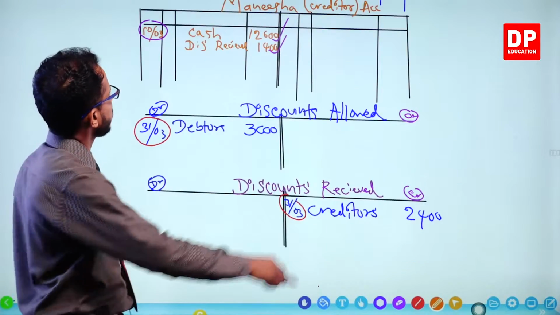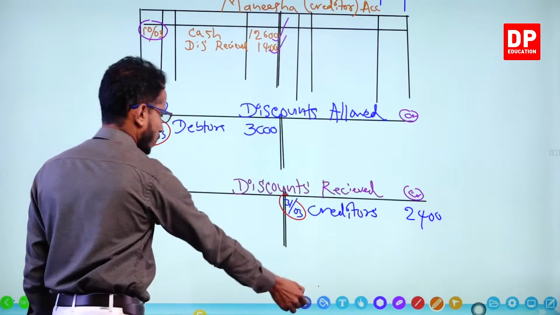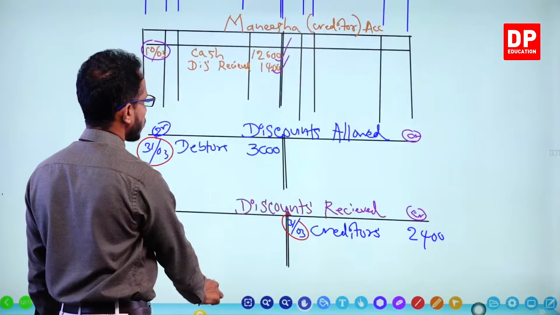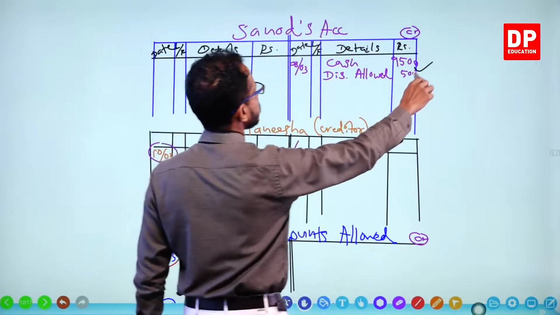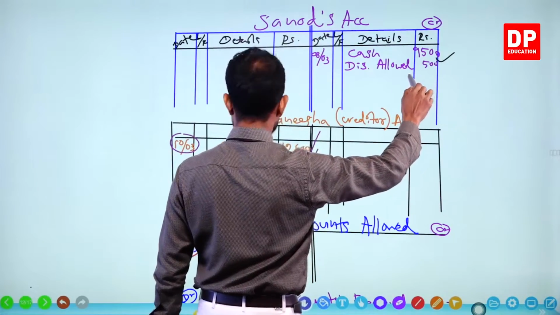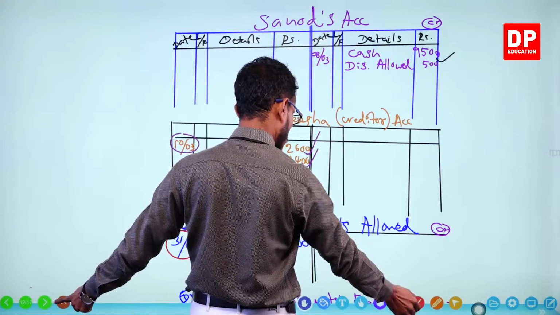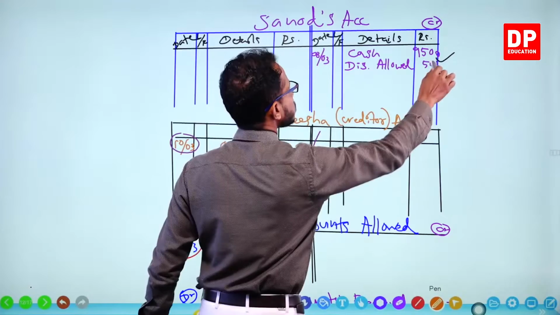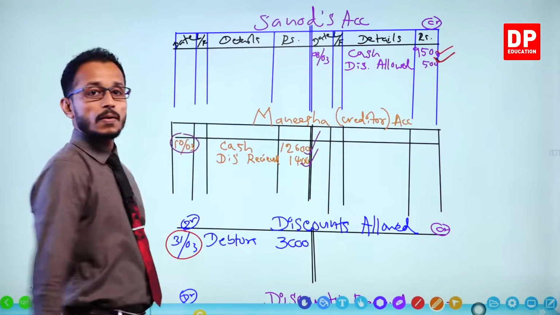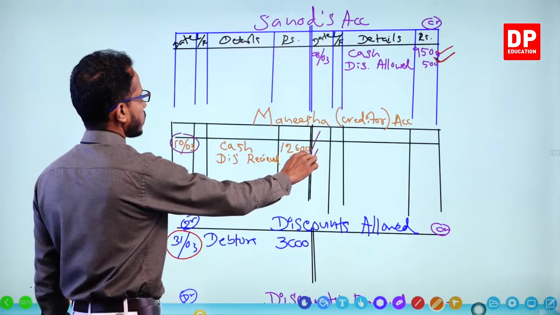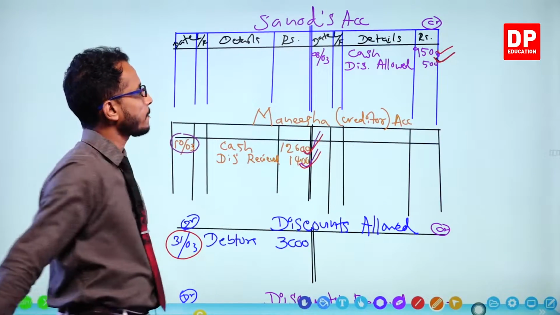Rest of the double entries here. Done, completed, right? Double entries completed.